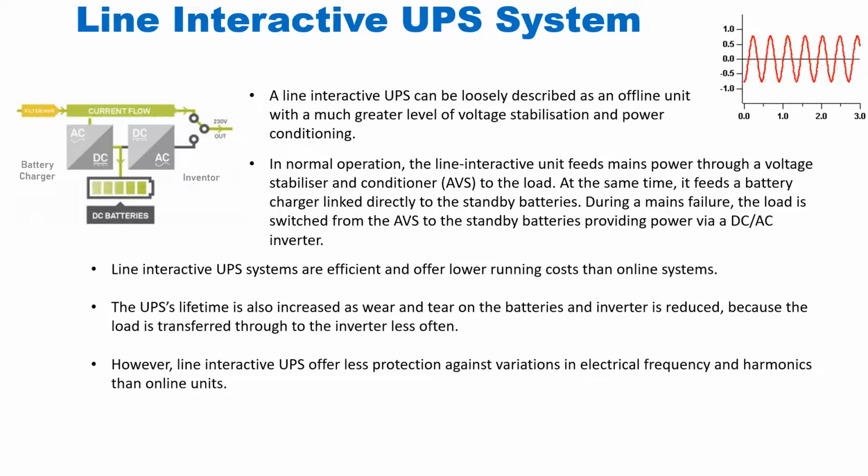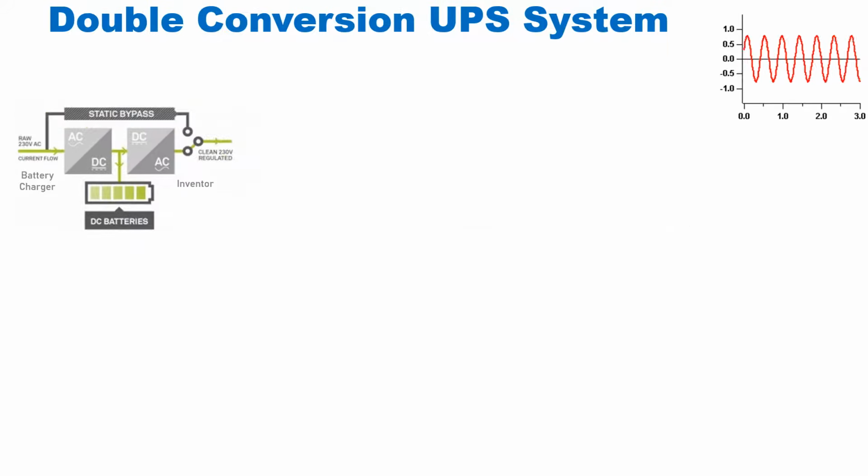Okay. Now, that was your line interactive. So we have discussed the offline UPS, which is the basic. Then we have one step advanced, which is the line interactive. Now, the most advanced type is what they call the online UPS, also known as a double conversion UPS.